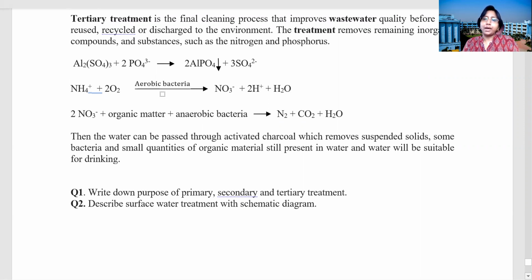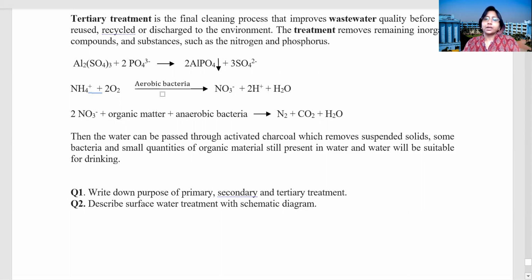And also you have learned the tertiary treatment. Also, you have learned a very important part, the disinfection of the water, using chlorine and bleaching powder. Sometimes you get the smell of chlorine when you use the treated water. This is the reason, because we use chlorine for disinfection.